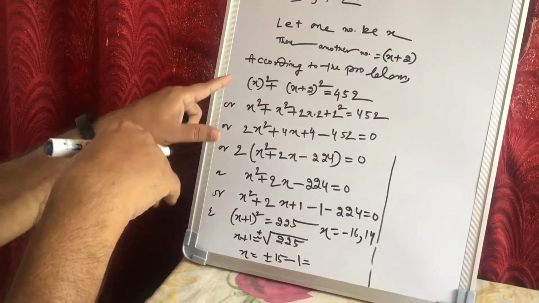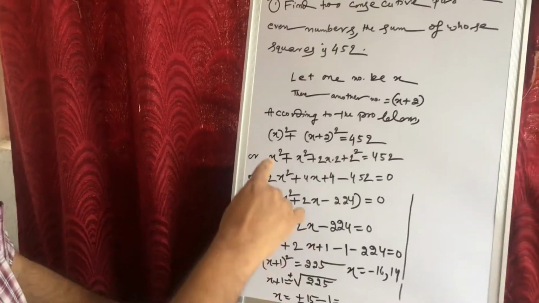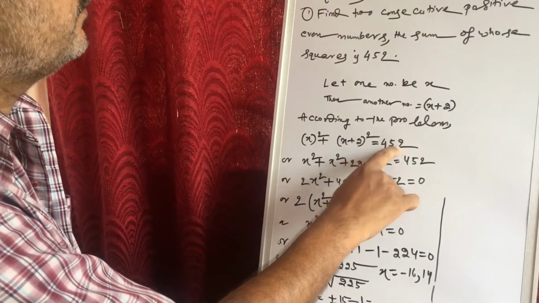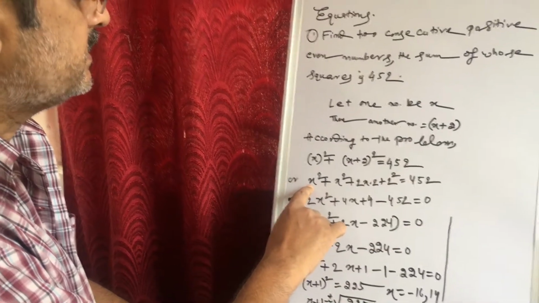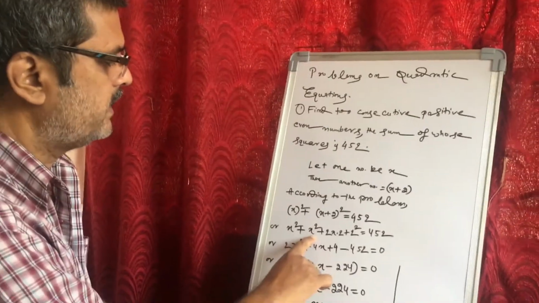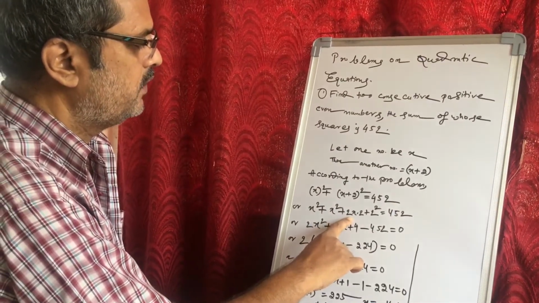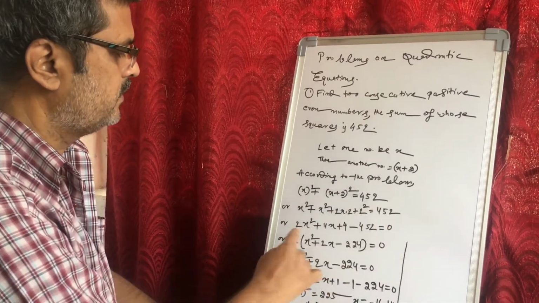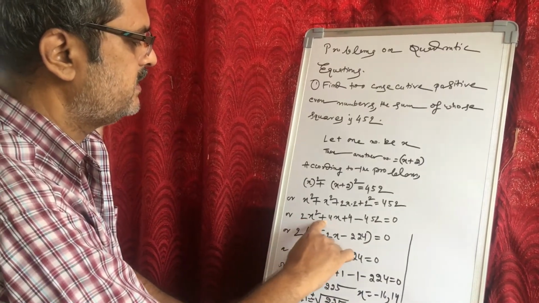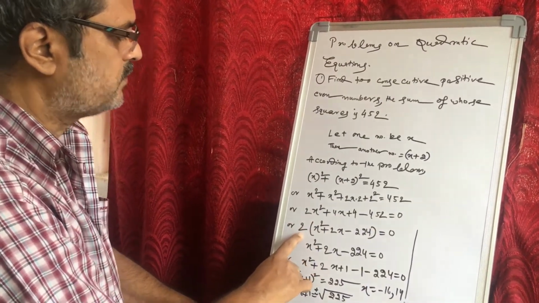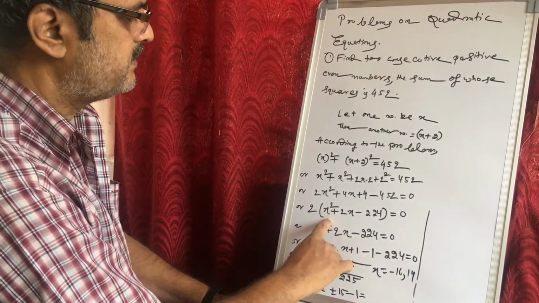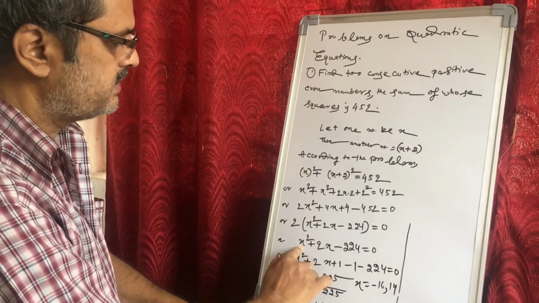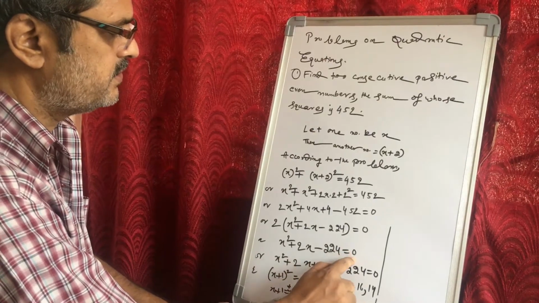Now see how to solve the quadratic equation. x square plus x plus 1 whole square is equal to 452. Then the next step will be x square plus 2 into x into 2 plus 2 whole square is equal to 452. Then taking 2 as common, within bracket x square plus 2x minus 224 is equal to 0.